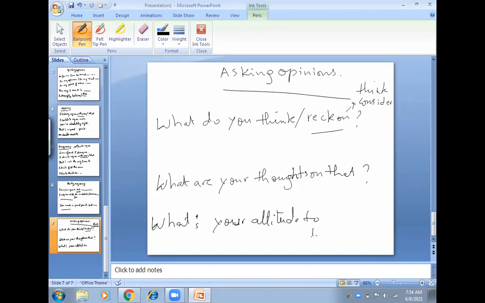For example, what's your attitude to life? What do you think about life? What is your attitude to life? Clear? So these are common questions. There are many other questions. For example, what are your thoughts on that, or on the subject?